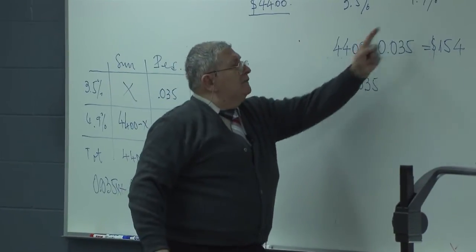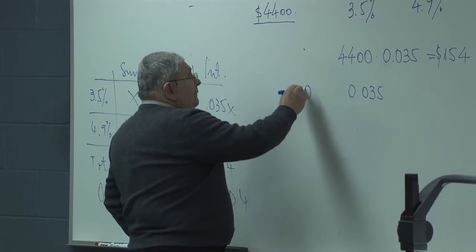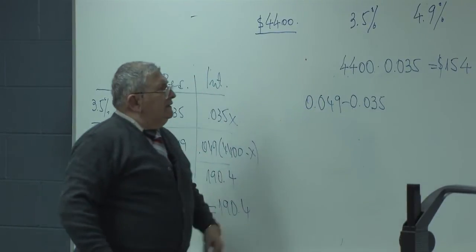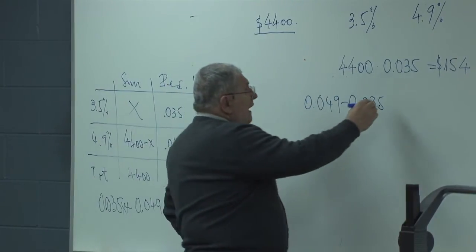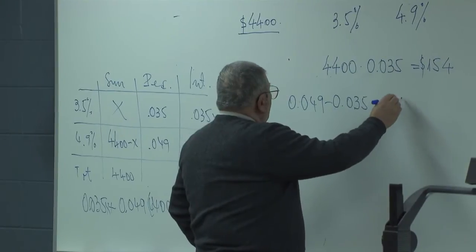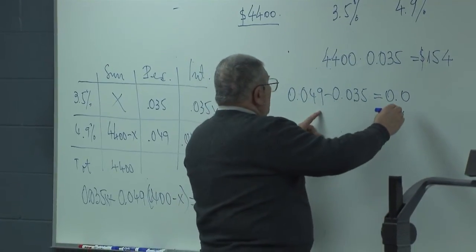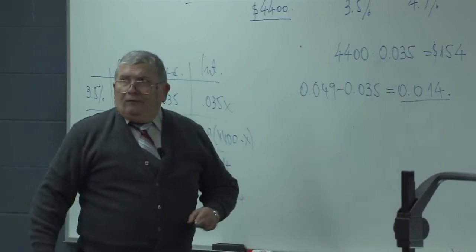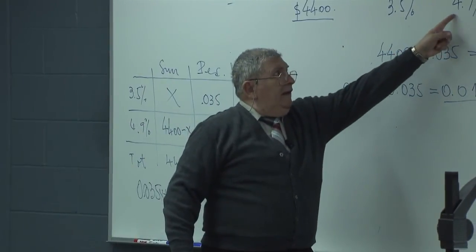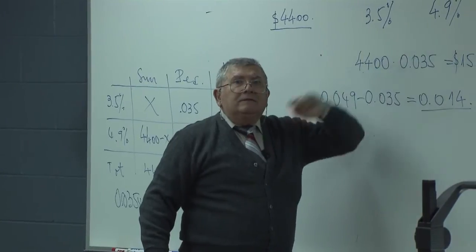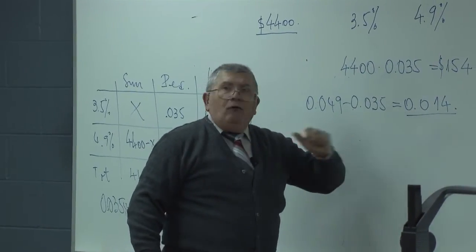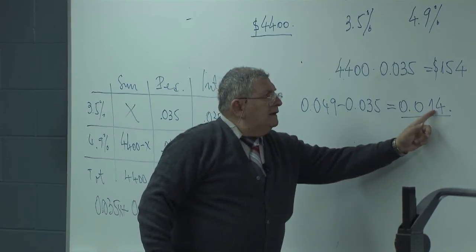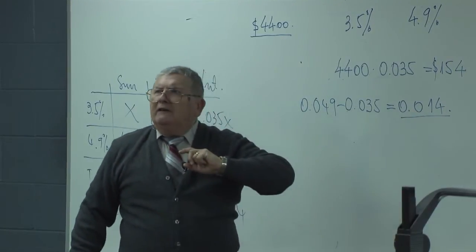In this account, for $1, she made 0.049. So the difference for $1 is 0.014. So for having money in this account, she made for each dollar 1.4 cents more.